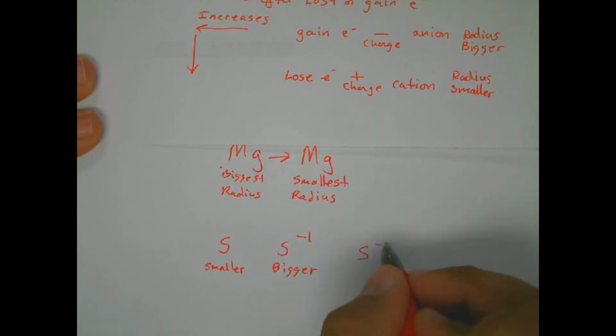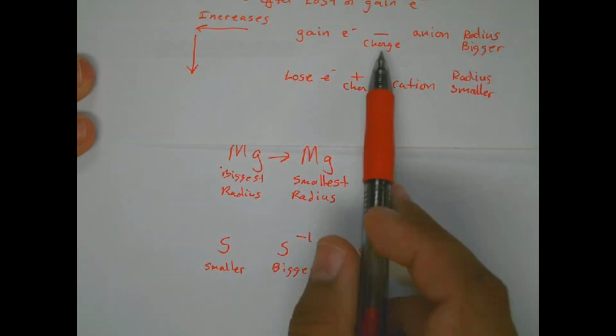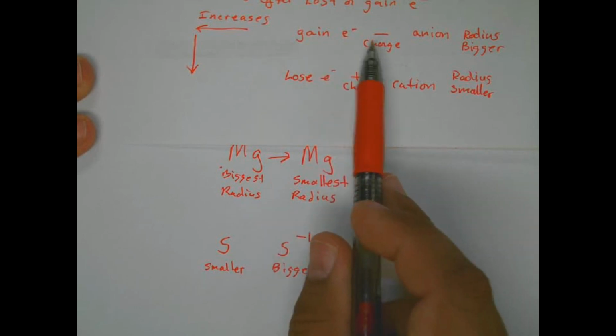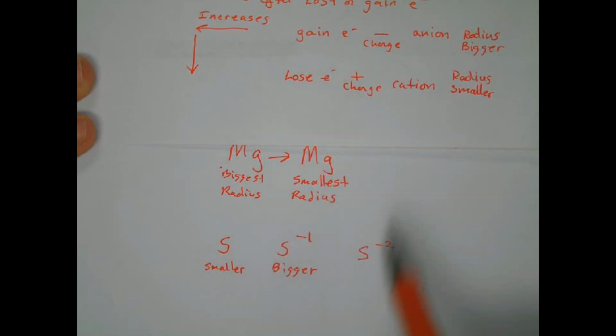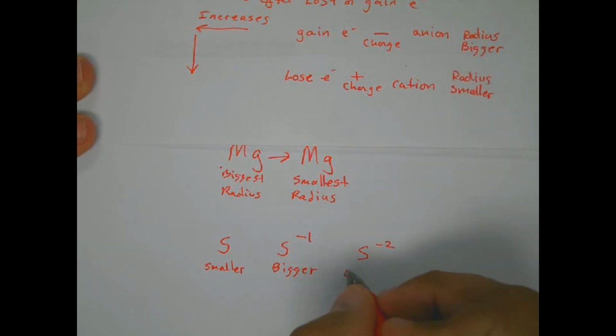What if I had an S with a -2? That means he got even bigger because he gained another electron, right? So I gained 2 electrons. That means my radius should have got even bigger.